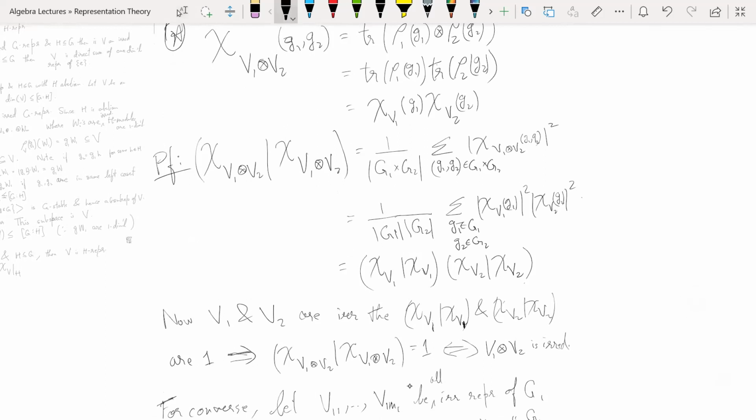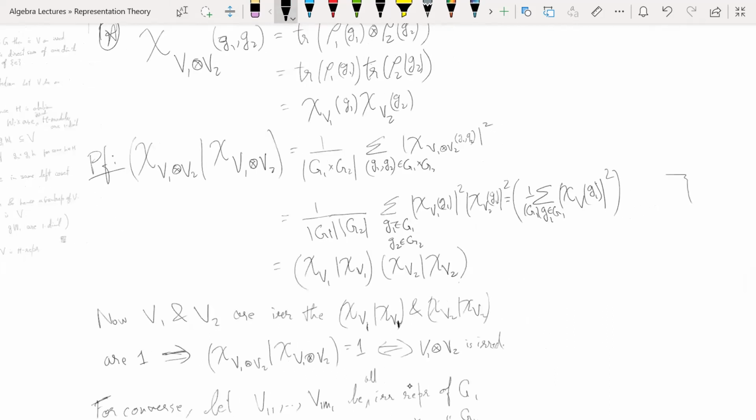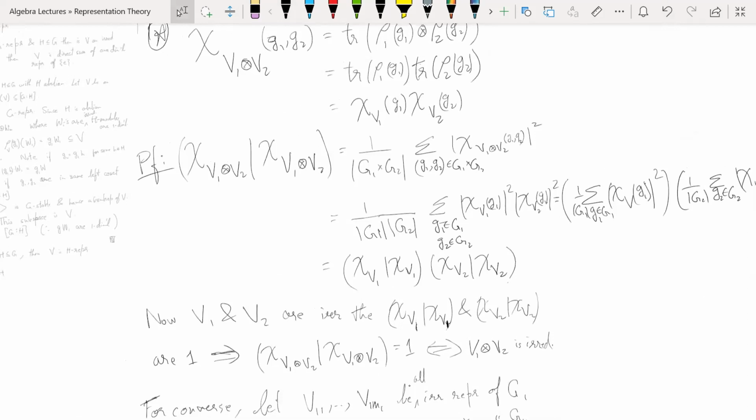So maybe you can write this as 1 over |G1| sum of |chi_V1(g1)|^2 over g1 in G1, times 1 over |G2| summation over G2 of |chi_V2(g2)|^2, which is the same as the inner product of chi_V1 with itself.